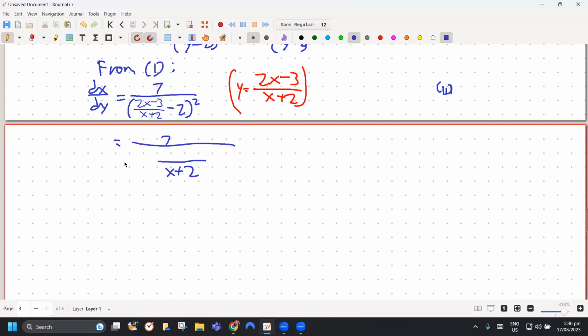Ay, may minus 2 pala. So, dividing by a fraction, that's going to be 7 times yung multiplicative inverse para mas malinaw.